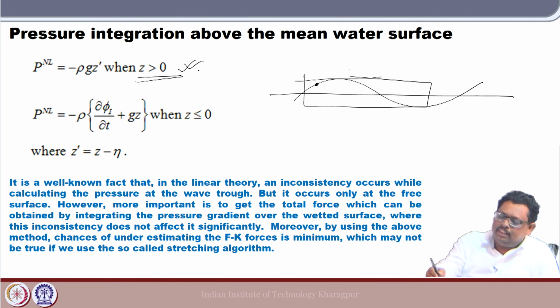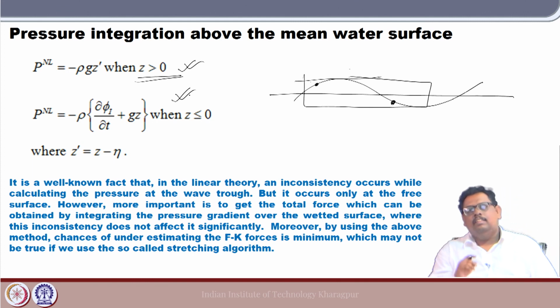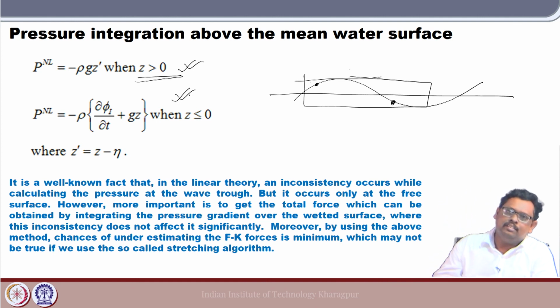And if this z point is coming over here, when z is less than 0, then we use this pressure as this. Okay, so this is how we get the nonlinear Froude-Krylov pressure, and when you integrate this nonlinear Froude-Krylov pressure, you get the nonlinear Froude-Krylov force. That is the discussion point today.